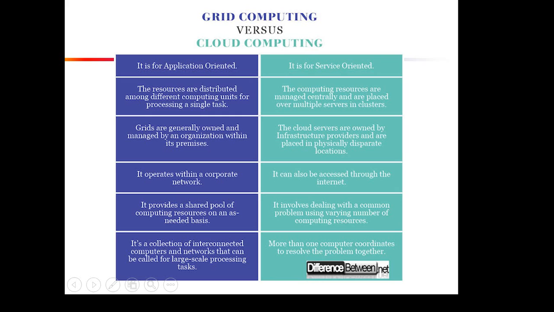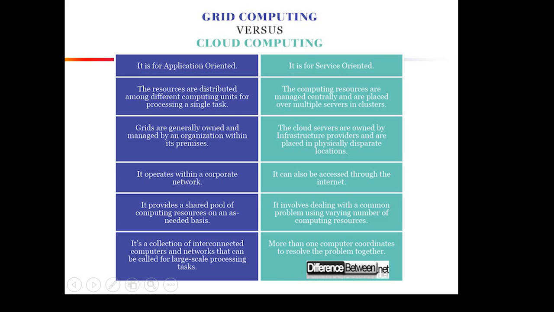Grids are generally owned and managed by an organization within its premises, but the cloud servers are owned by infrastructure providers and are placed in physically disparate locations. Grids operate within a corporate network, but the cloud can also be accessed through the internet.